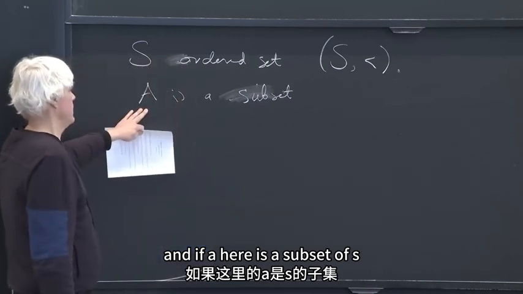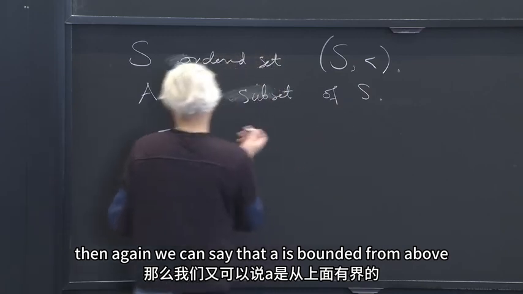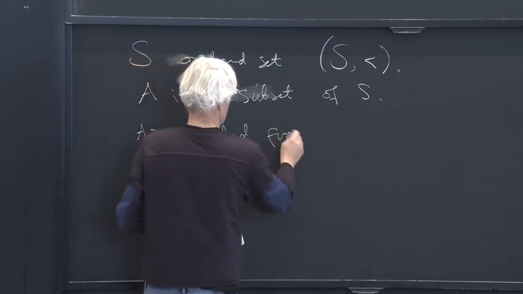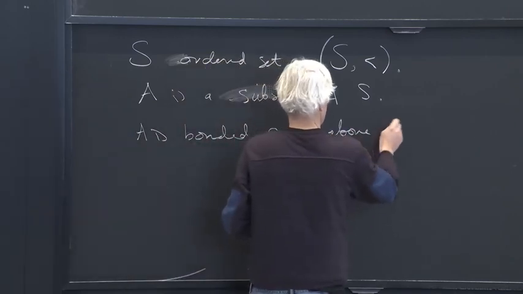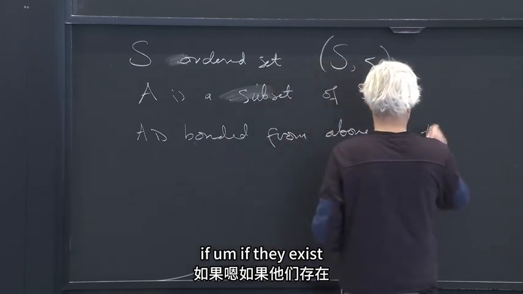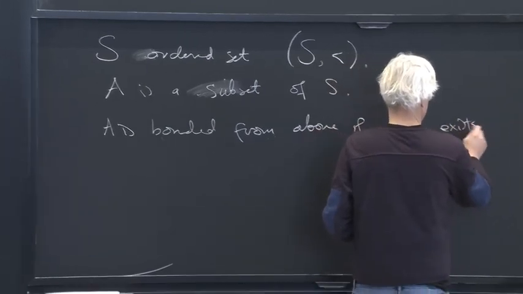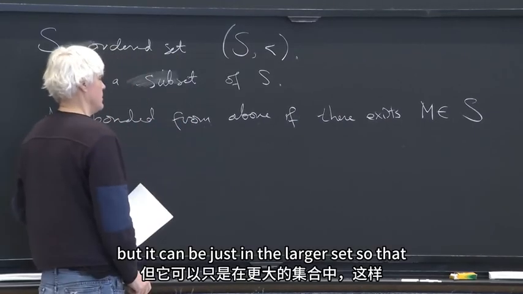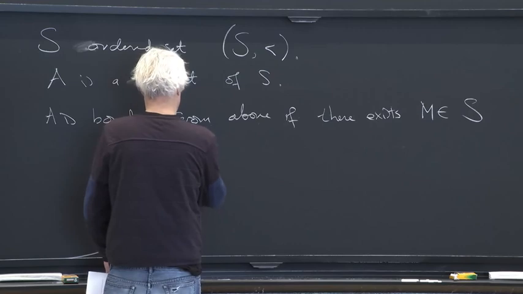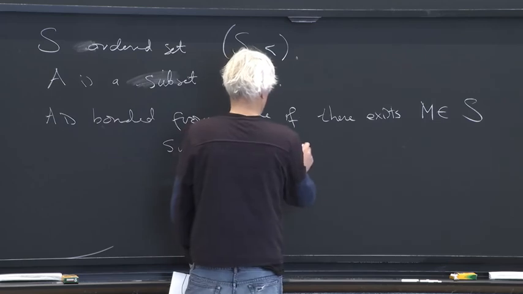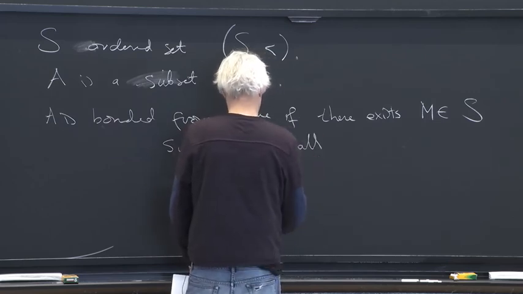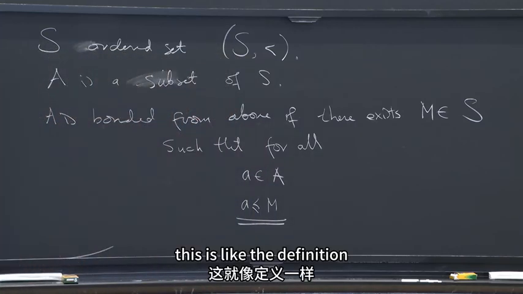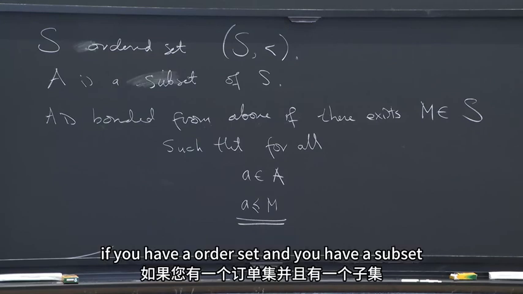And if A is a subset of S, then again we can say that A is bounded from above if there exists M, again M does not have to be in A, but it can be just in the larger set, so that for all a in A, a is less than or equal to M. So this is the definition in general of being bounded above if you have an ordered set and a subset.